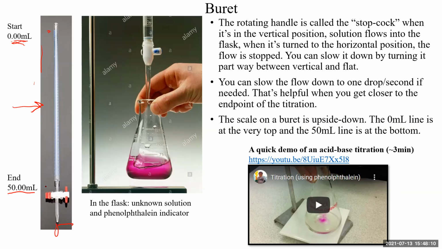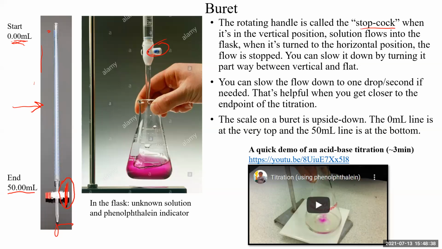The rotating handle here, here it's a red handle. On this one in this picture, it's a blue handle. This little rotating handle is called the stopcock, and this is what you need to control the flow of your solution. When the stopcock is completely vertical, it allows the solution to flow through.